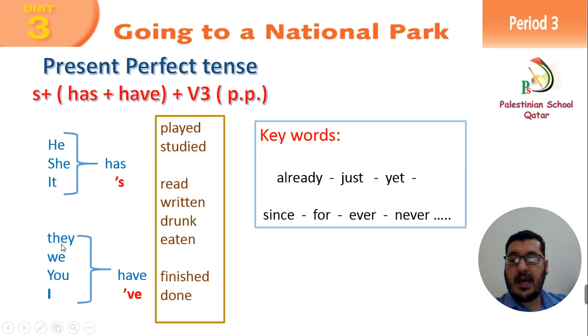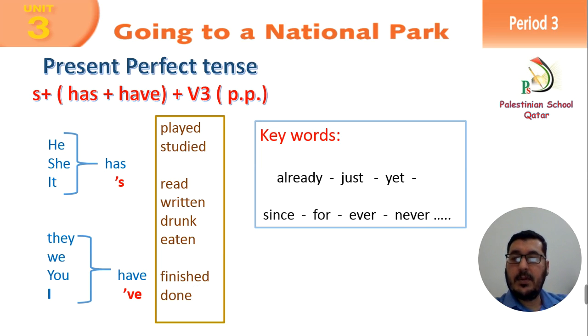When we have they, we, you, and I, we put have, and the short form is apostrophe ve. For example, I can say he has played, studied, read, written, drunk, eaten, finished, or done.